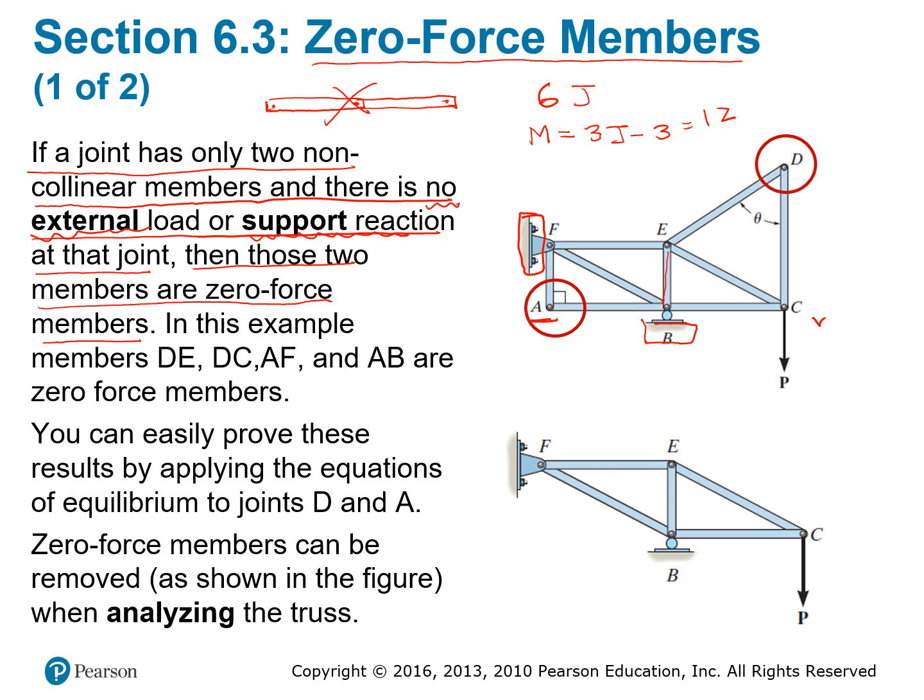That means AF and AB are zero force members. You can just ignore these. This is not going to give you any force, meaning this member doesn't support anything.